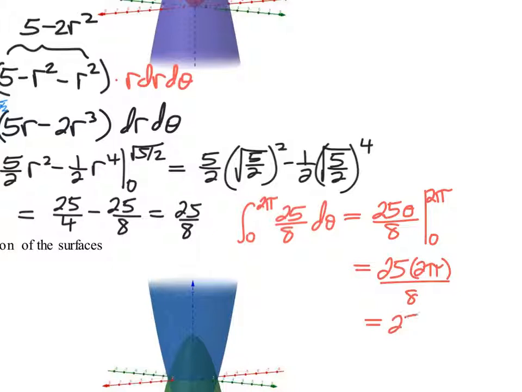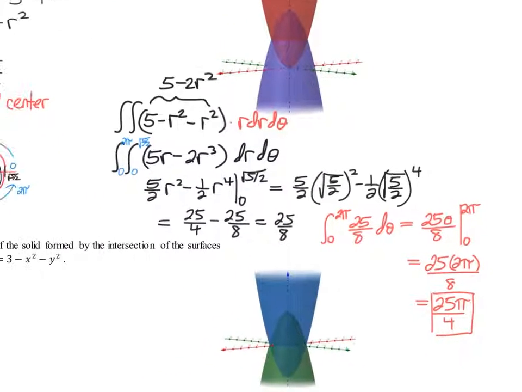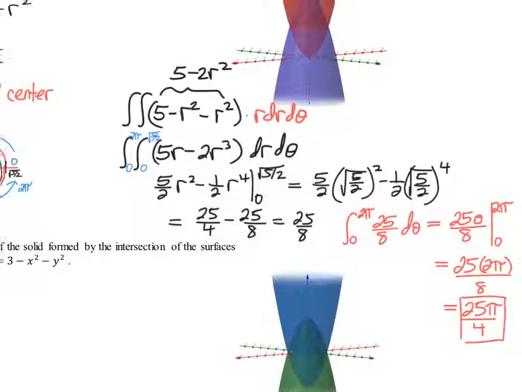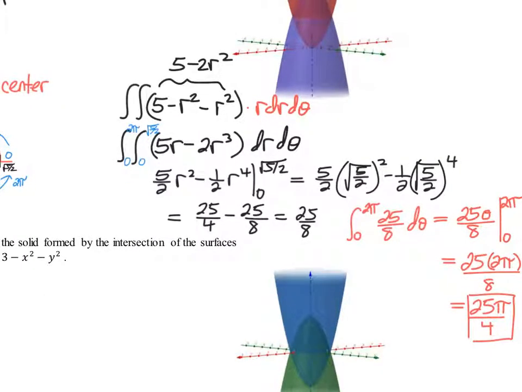And you get 25 pi over 4. And so that would be the volume contained within those two surfaces. But it comes down to this.